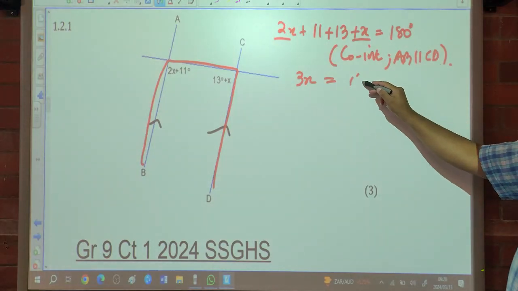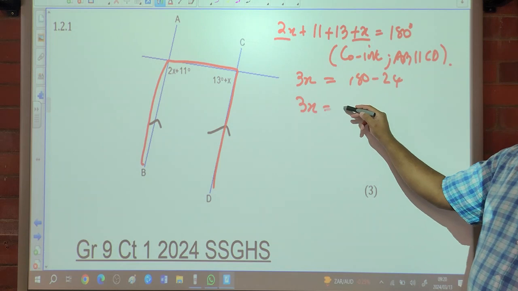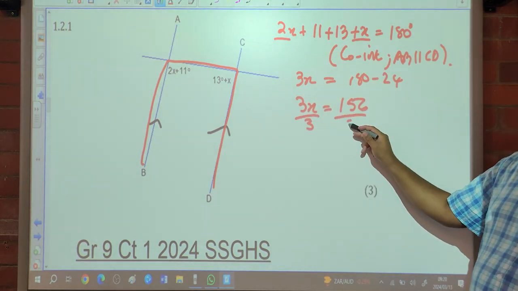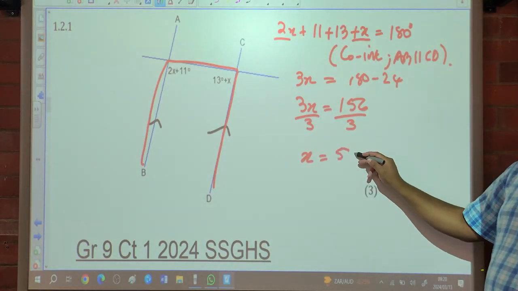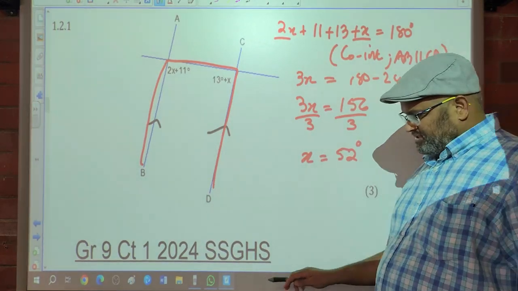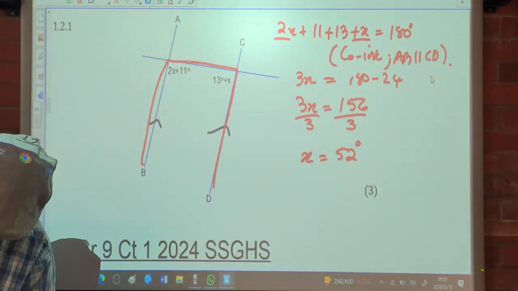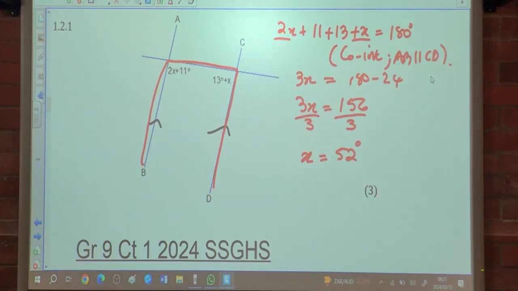So it's 180 minus 24. So 3x is equal to 156. Divided by 3 both sides. The answer is 52 degrees. You all agree with that? Any confusion there? No?